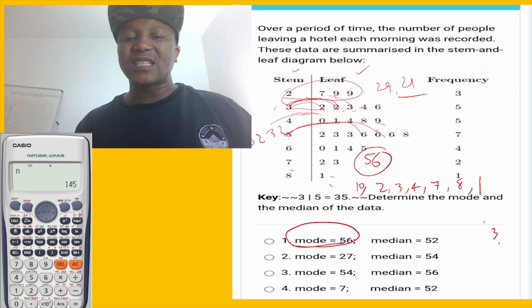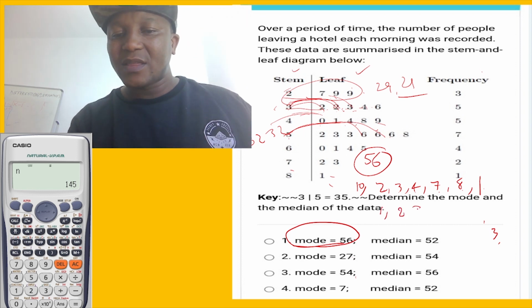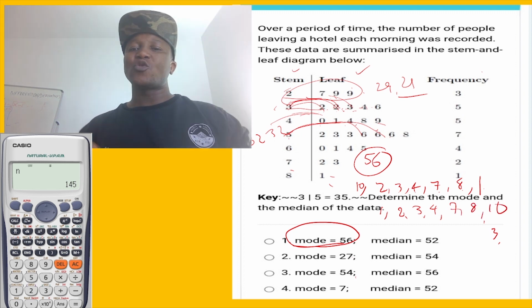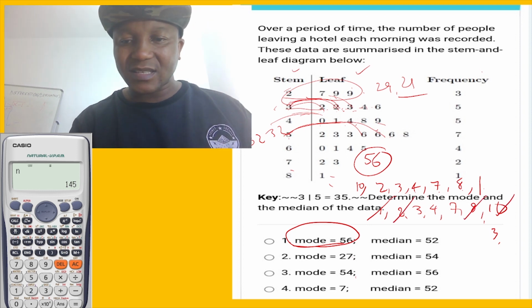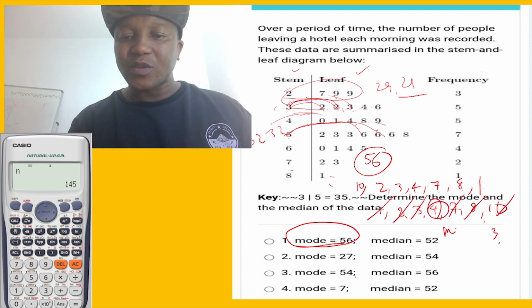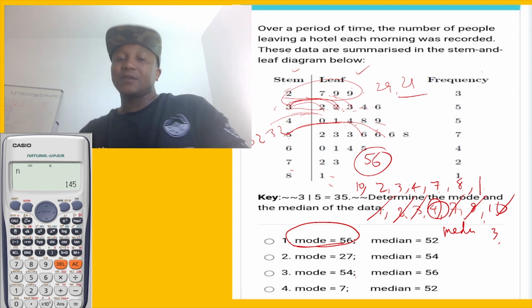You must arrange in ascending order, which means you start with 1. The next one is going to be 2, then 3, then 4, then 7, then 8, and then 10. So which one is the middle number? You cancel left and right. Cancel this, cancel this, cancel this. So this is going to be the median. That's the example, and I'm coming back to the question.